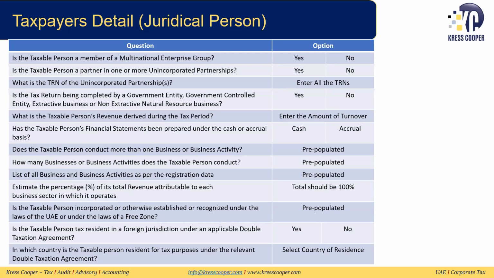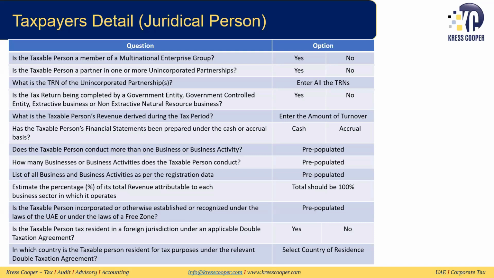Again, it will ask if the taxable person is a partner in one or more unincorporated partnerships, like we discussed. If the answer is yes, it will ask you to put in all the TRNs. Is the tax return being completed by a government entity, government controlled entity, extractive business, or non-extractive natural resource business?